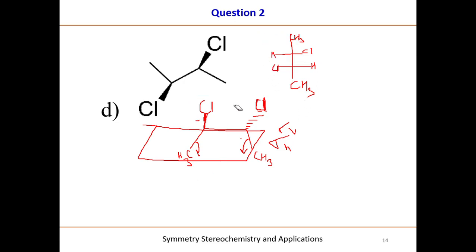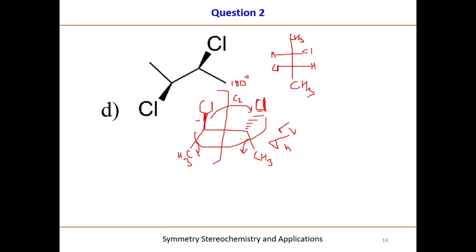Yeah, you can see here, if I pass the rotation axis through here and rotate the molecule by 180 degrees, C2 axis, this chlorine will come to this side, back side, and this will come to the front side because I am rotating on this axis.